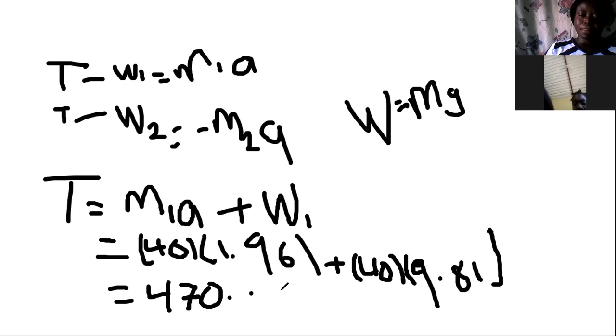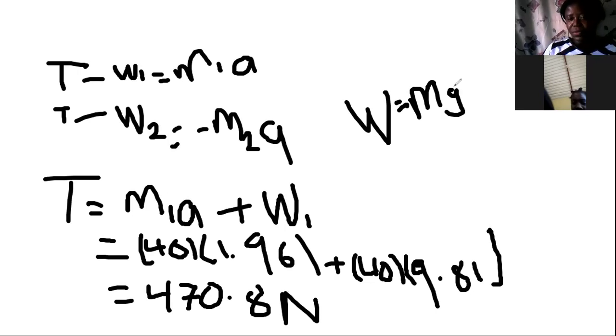Why did you put this 40 here? Which one? This one here. It's a mass. Weight is equal to mass times the gravitational acceleration. You can simply calculate it and put it there.